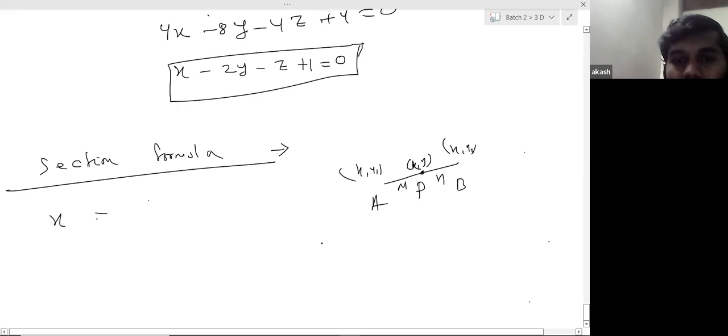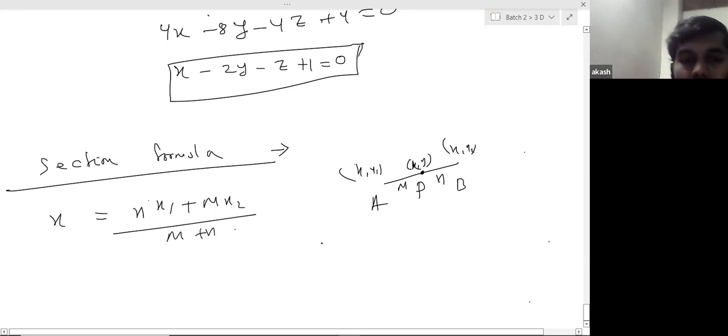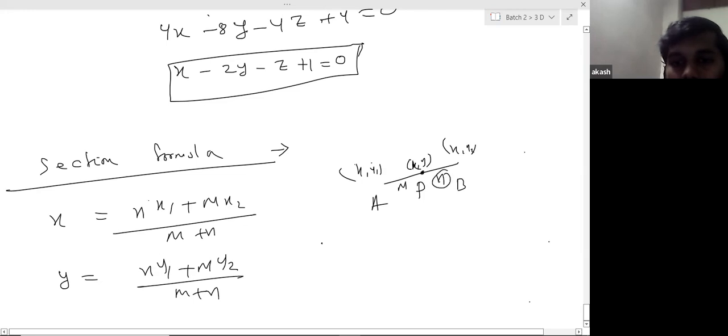We wrote the x coordinate as (n into x1 plus m into x2) upon (m plus n). Same for y, (n into y1 plus m into y2) upon (m plus n), right?